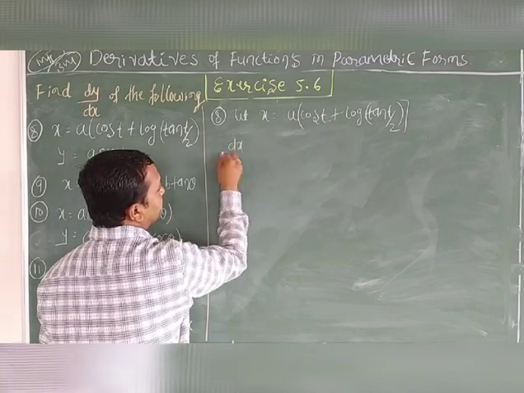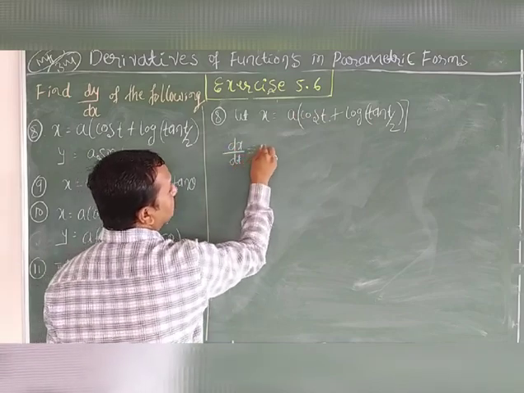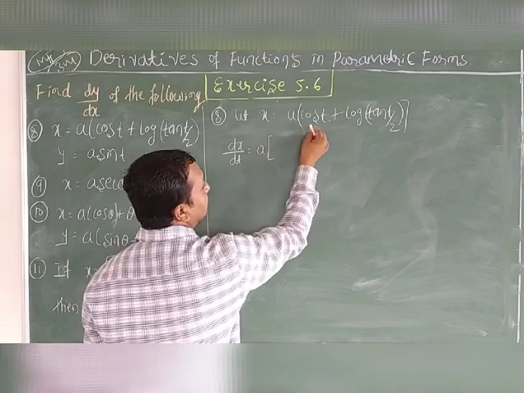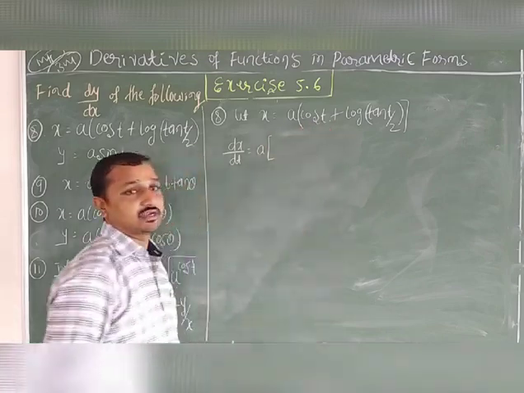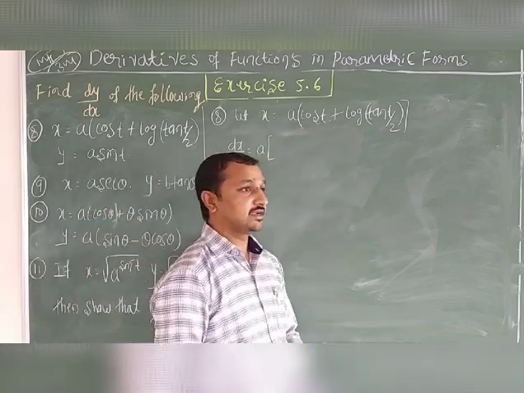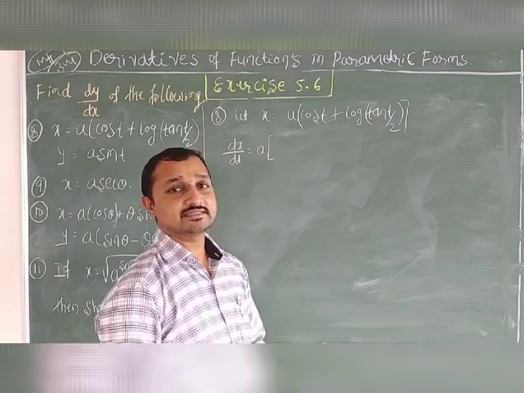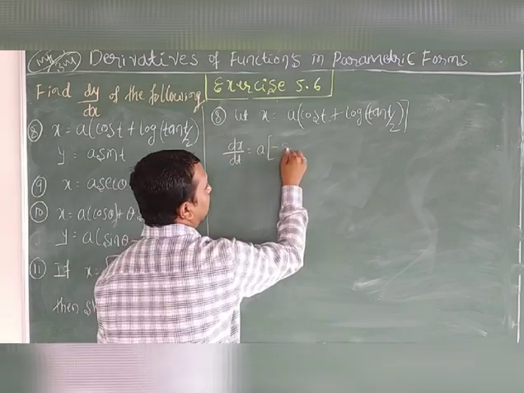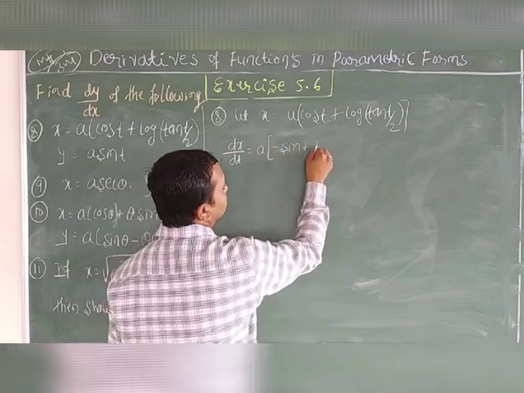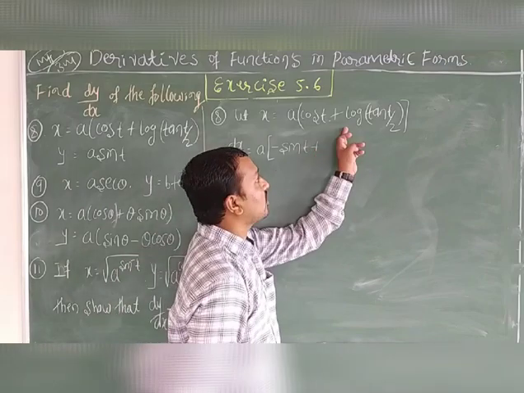So obviously dx divided by dt is equal to, take a as a common term, then the derivative of cos t. We already know that the derivative of cos t is minus sin t. Plus, this is of the form log x.